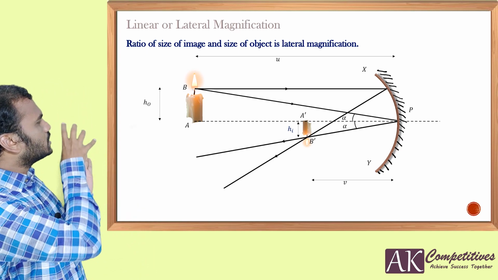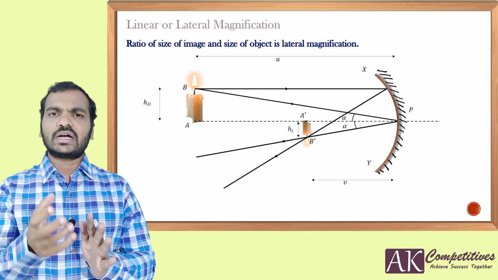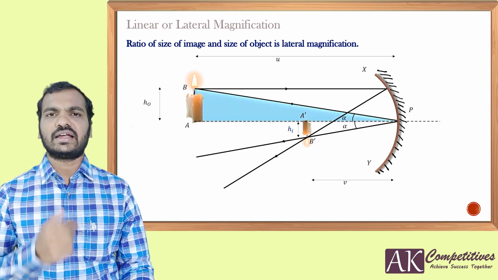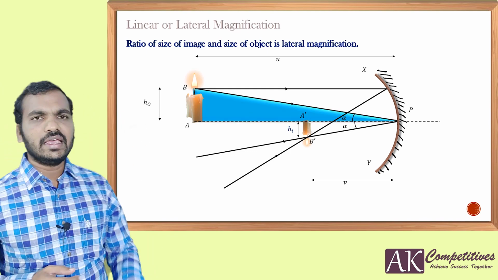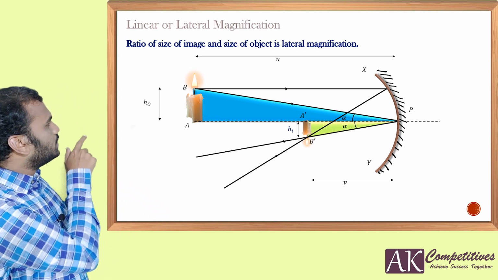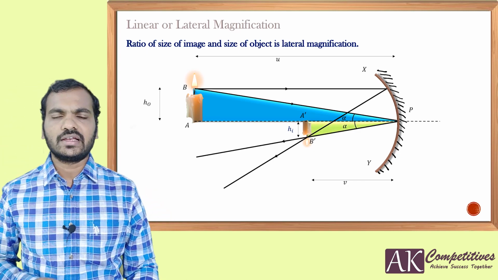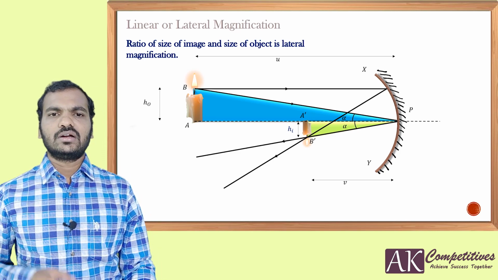To find the ratio of the height of the image to the height of the object, we need to consider two triangles. One is the blue shaded one, triangle ABP. Another one is triangle A'B'P. These are the two triangles we are going to consider, and we are going to derive this phenomenon.